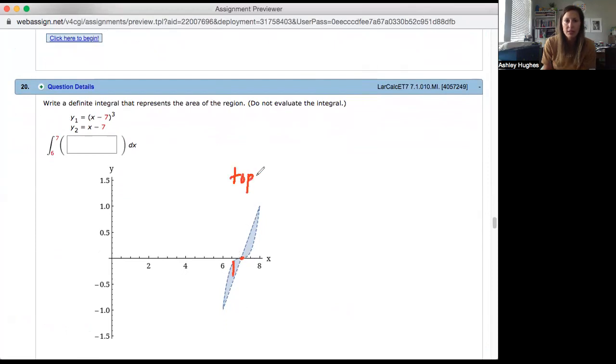I always do top minus bottom. You can see the top is the curve. So the curve is going to be the cubic one minus the bottom. And then we would need to double that, since if it's only going to go, let us use from 6 to 7, you can see this happens to be symmetric. So you could actually take double this integral and that would give you the integral of the whole thing.